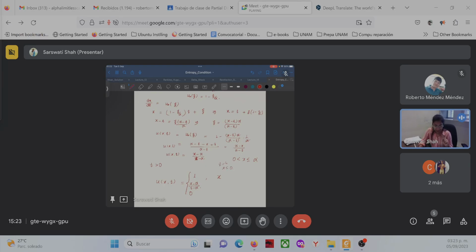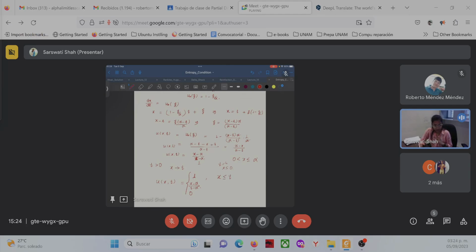Now what condition will be imposed on t? That is very important. To make the solution continuous, as x approaches t from the right this becomes 1, and from the left it is already 1, so x is less than or equal to t.